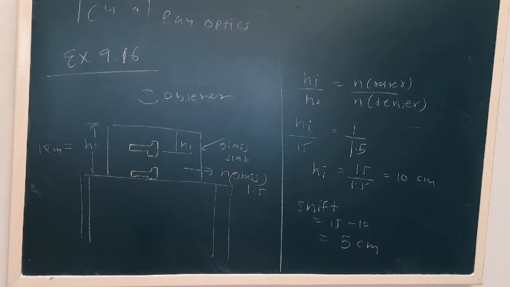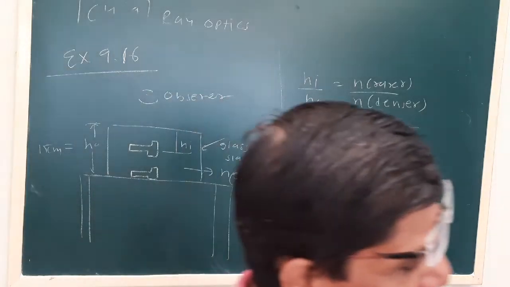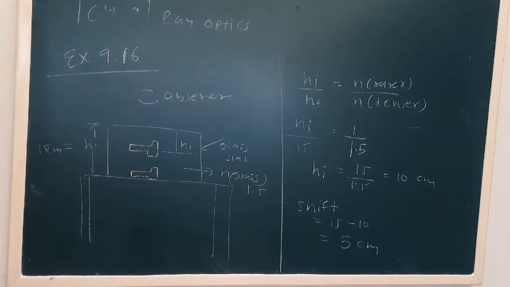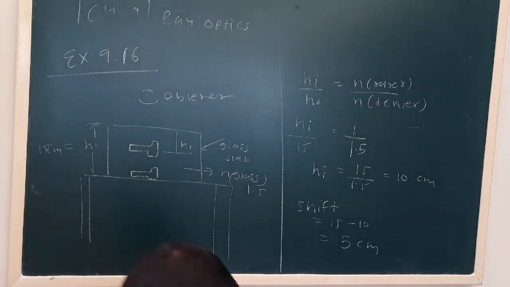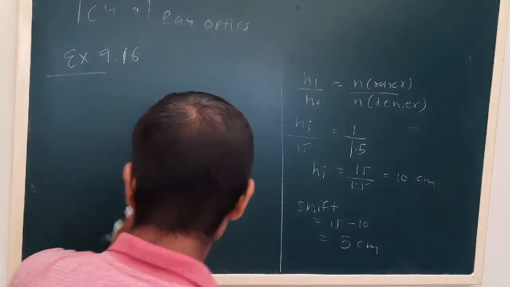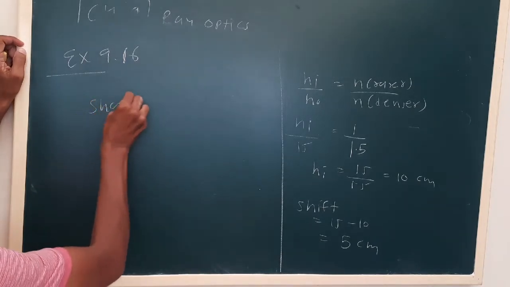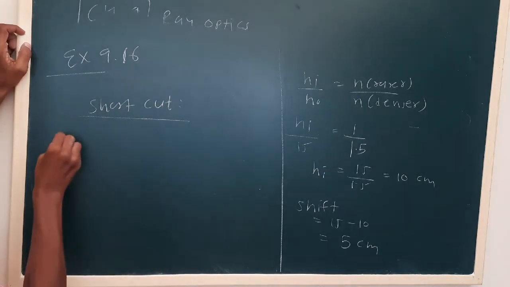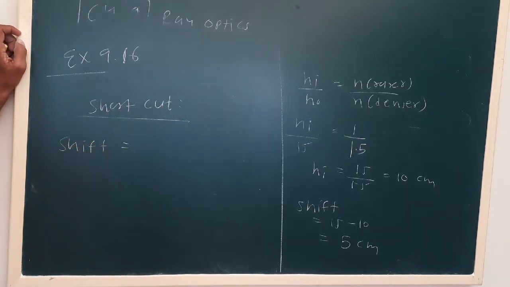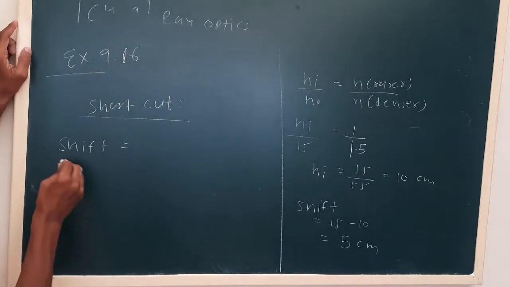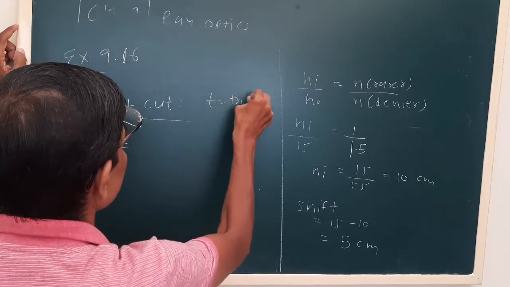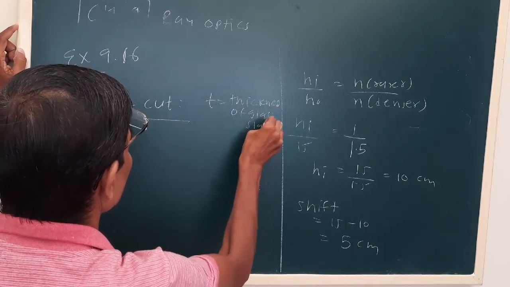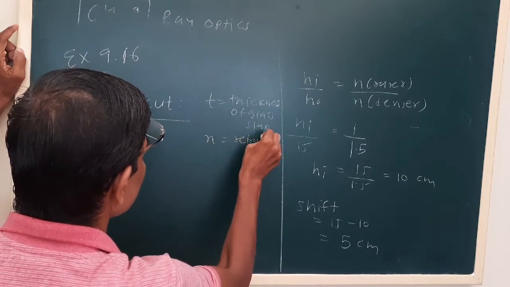Now see, when it is asked in a numerical, we have to solve by this, but if it is asked in an MCQ, we can use the shortcut. The shortcut I give you is for the shift. Let us say T is the thickness of the glass slab and N is the refractive index.